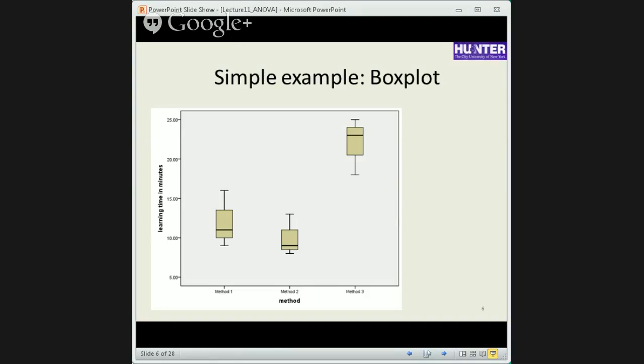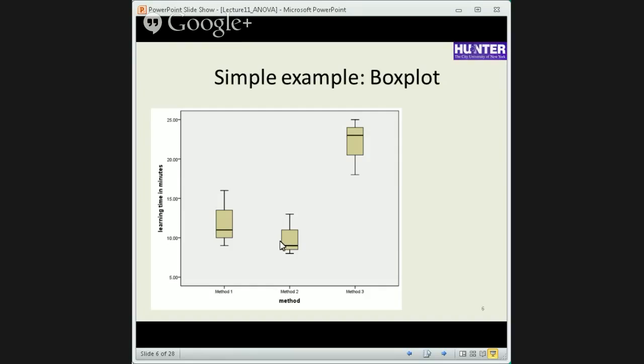Here's a box plot of this little data set. So just visualizing the 3 times each for the 3 methods. There are only 3 data points here, so you can actually see all 3. The middle data point will be the median point here, and the smallest of the 3 and the largest of the 3.